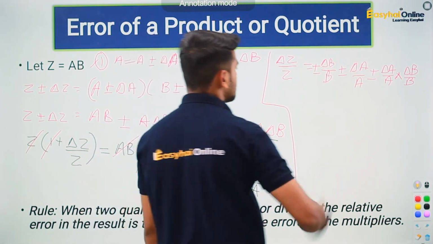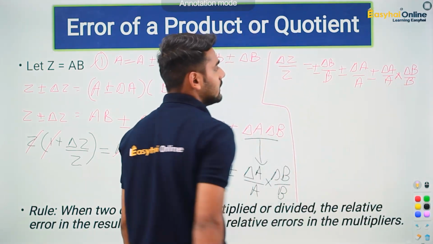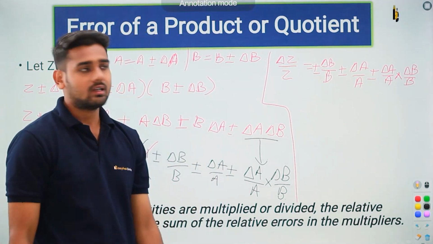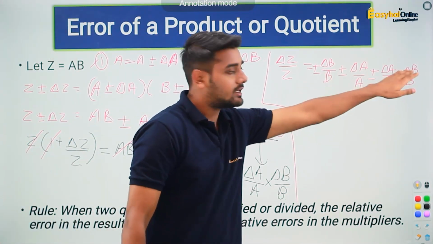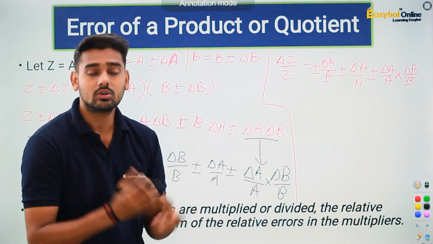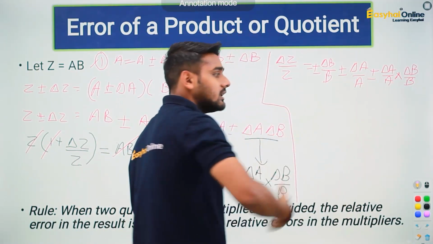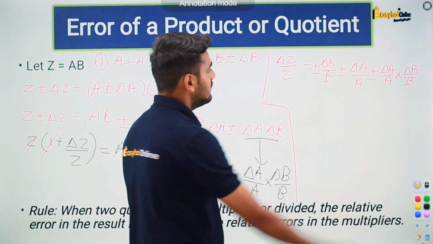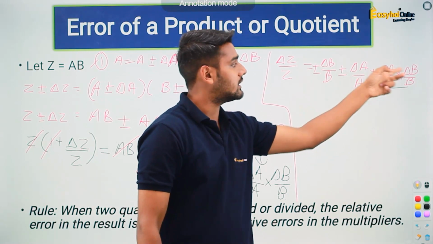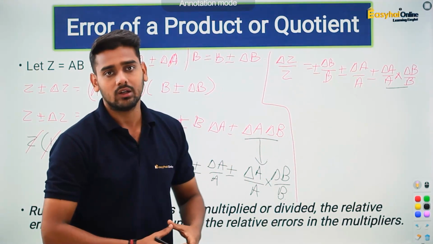Now, in this case, let's simplify this further. Here you will see that this is A and B, right? These two are getting multiplied. Now, delta A and delta B are both errors, which are usually very, very small values, and when they get multiplied, they become even smaller. And here, A and B are substantially larger, very large as compared to delta A and delta B, and when they get multiplied, they become even larger values.